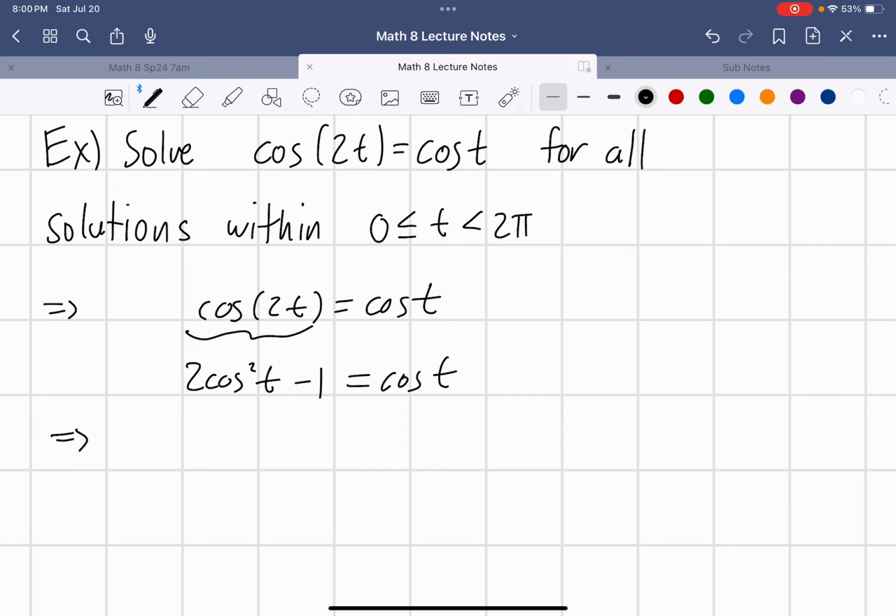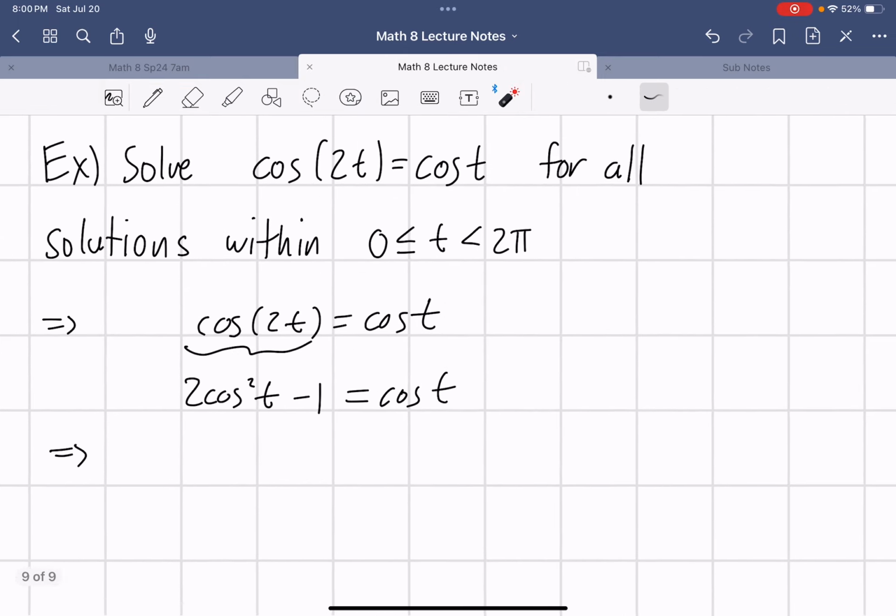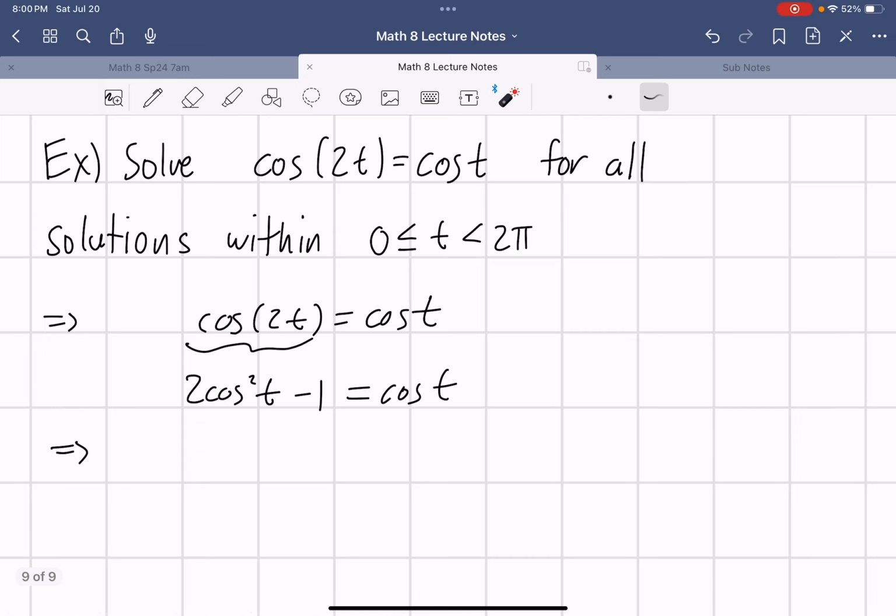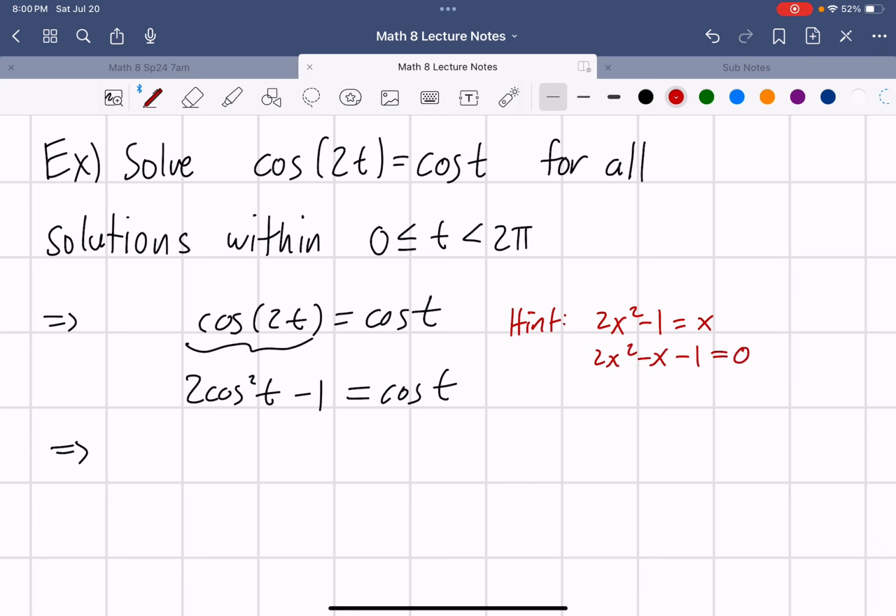Doing this helps me rewrite this. To give you guys a hint, this almost looks like saying 2x squared minus 1 equals x, which I can rewrite as 2x squared minus x minus 1 equaling 0, which looks very similar to a quadratic equation that can factor to 2x plus 1 and x minus 1 equals 0.